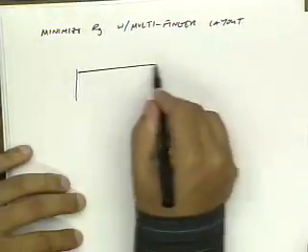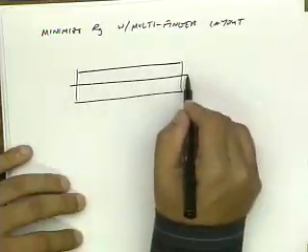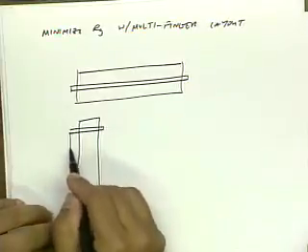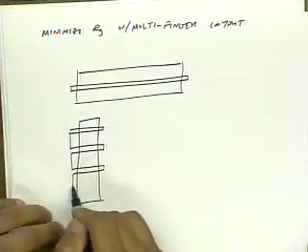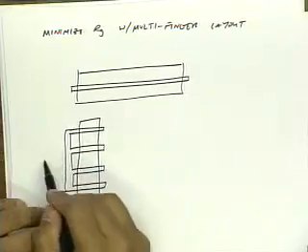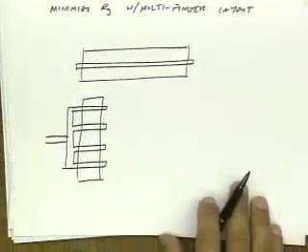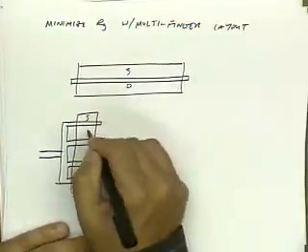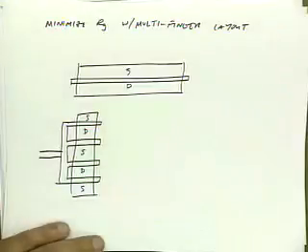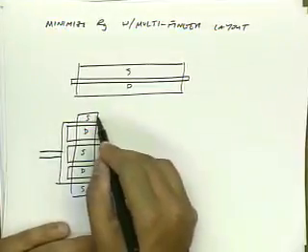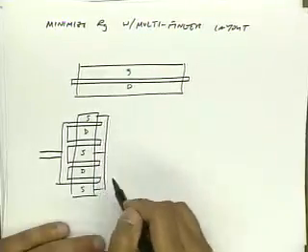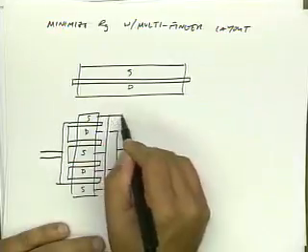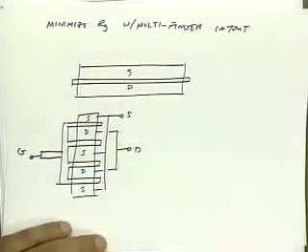In other words, instead of doing a device like this, I can lay out my device like this. And this is a standard trick in IC layout that you probably are familiar with. So here, if I have source and drain, over here I'm going to have source, drain, source, drain, source. And so I need to connect my sources together with some interconnect, and likewise my drain together. So this is my drain junction, this is my source junction, and this is my gate.